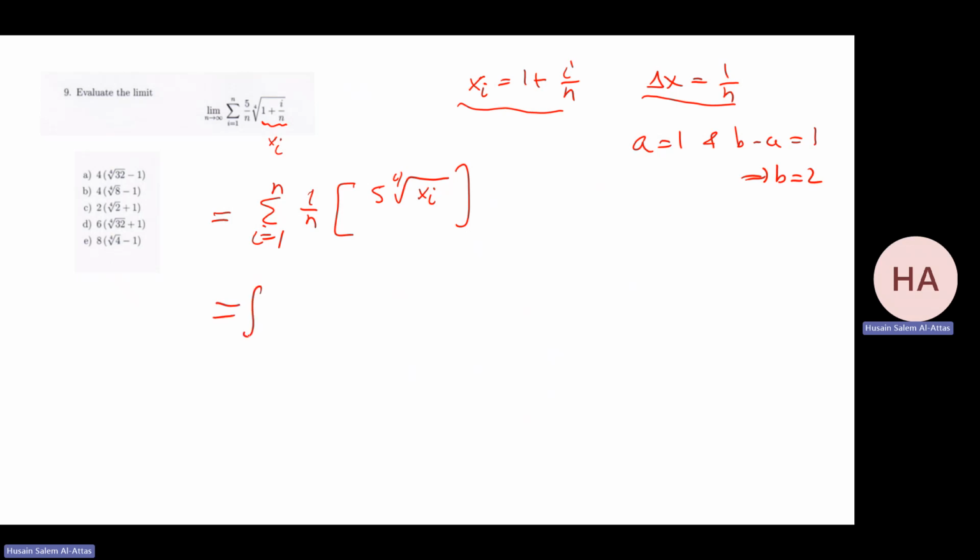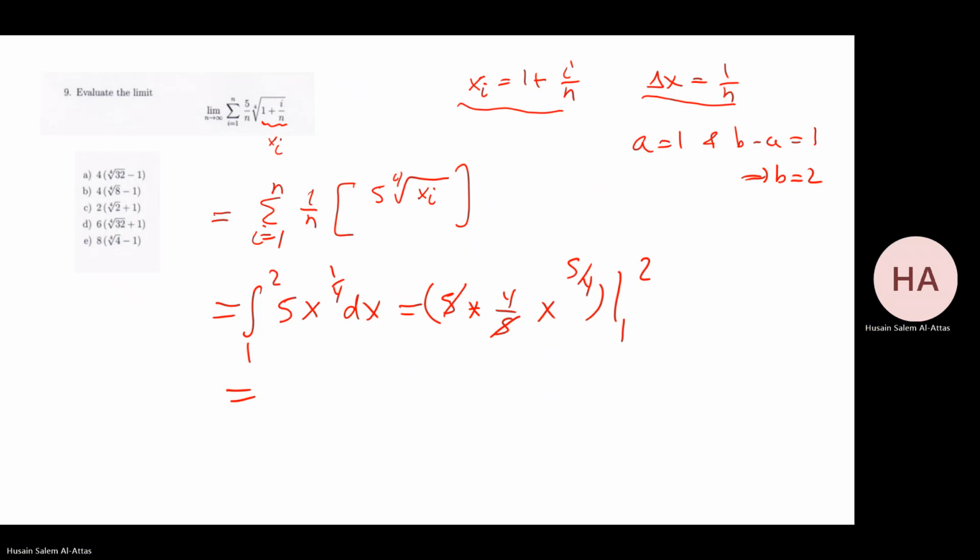So this one will be the integral from 1 to 2 of 5 x to the power 1 over 4 dx. Add 1, that will be 5 over 4, so that is 4 over 5 x to the power 5 over 4, from 1 to 2. So I have 4 times what?